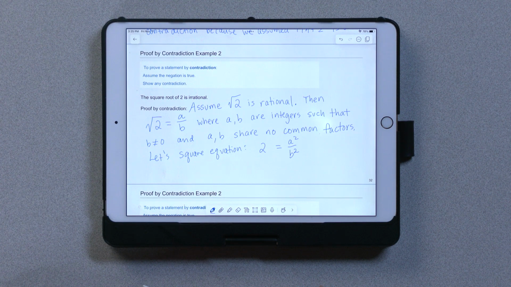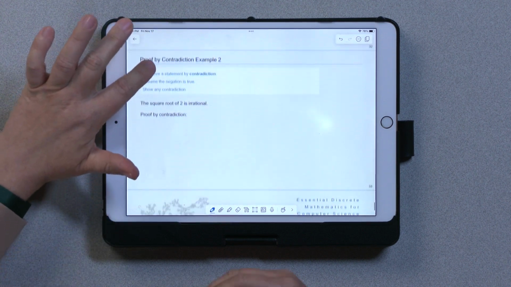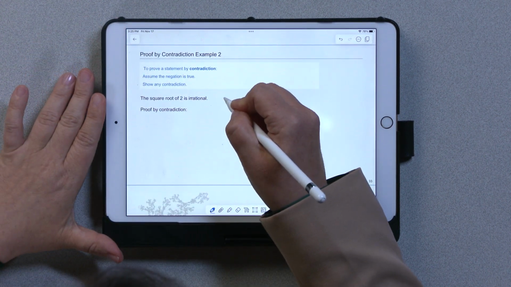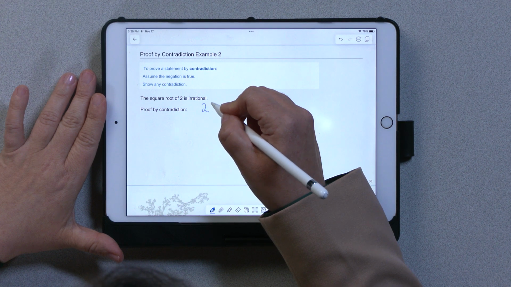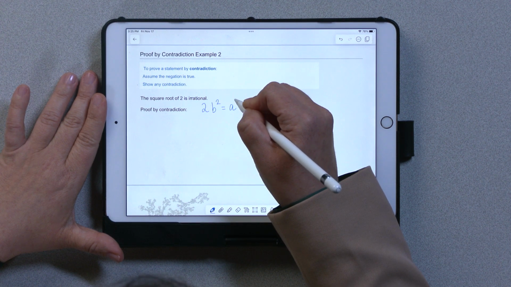Now we can multiply both sides of this equation by b squared. So we'll have that 2b squared equals a squared.